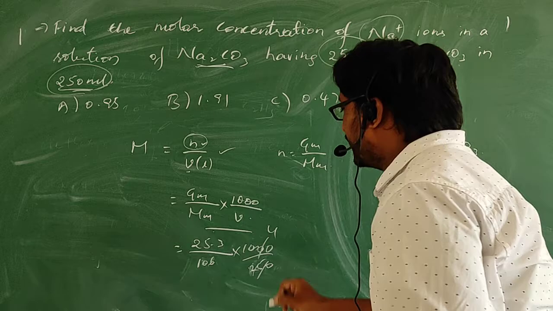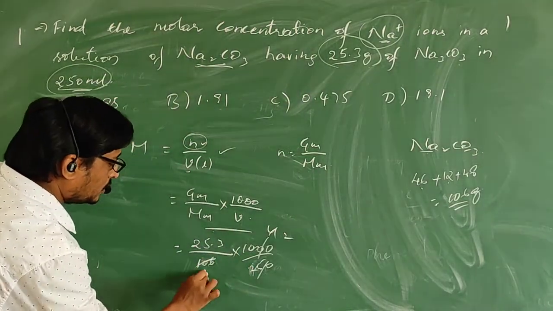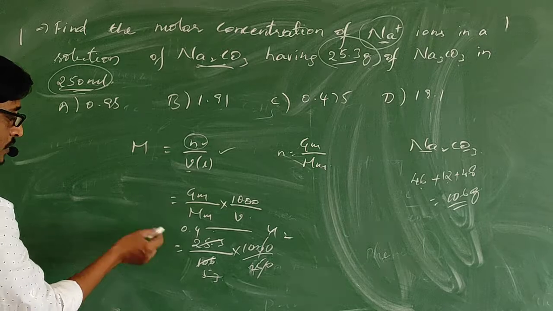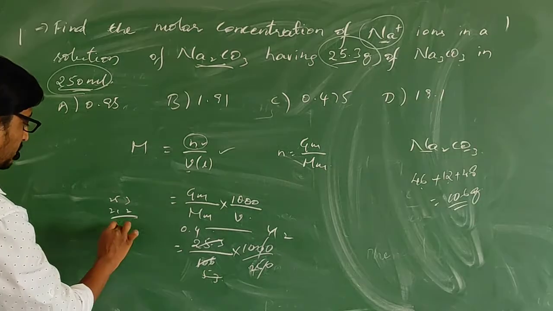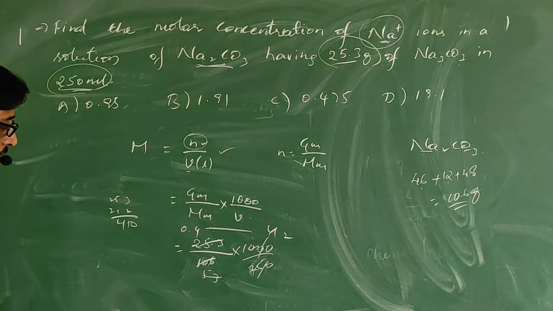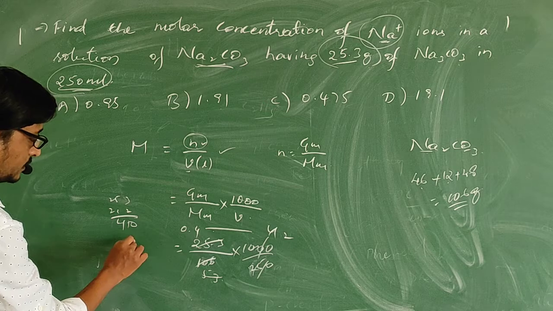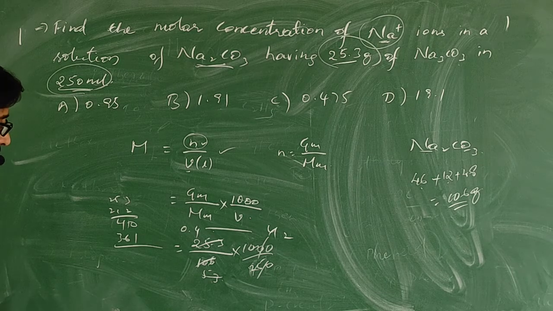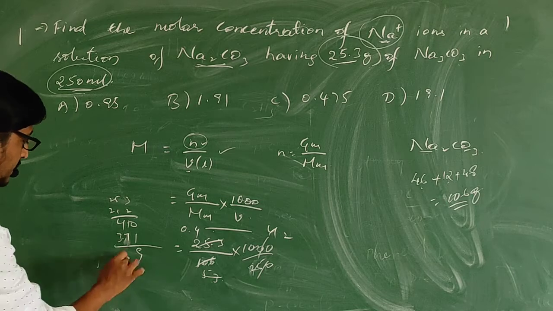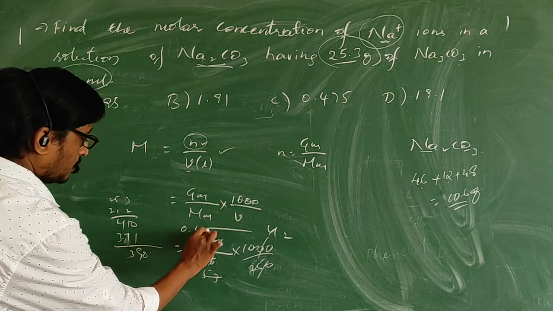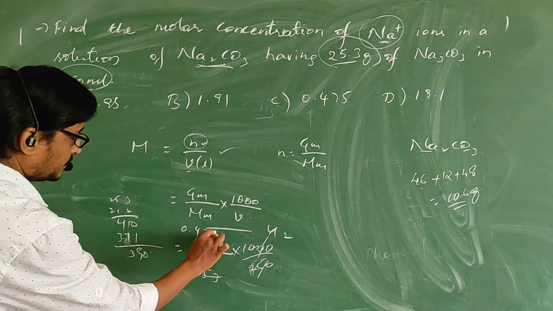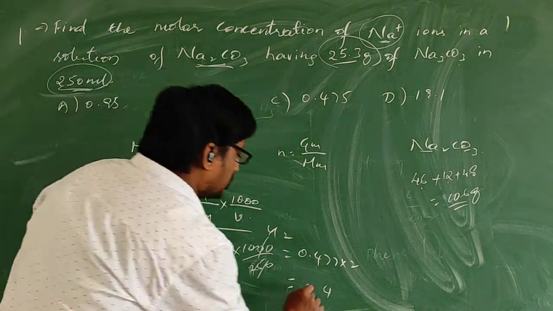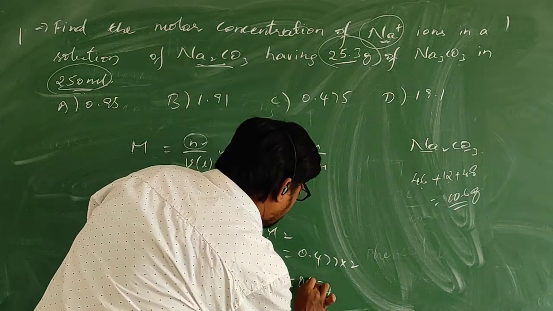So the zeros get cancelled, and we simplify the calculation. So almost it will be 0.477 into 2, which is nothing but 0.954.